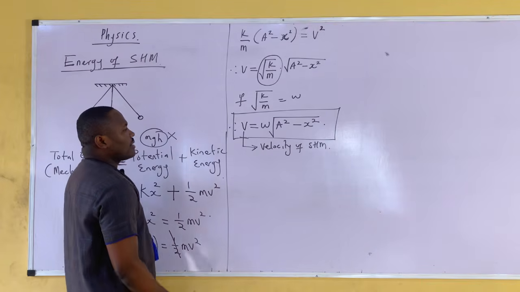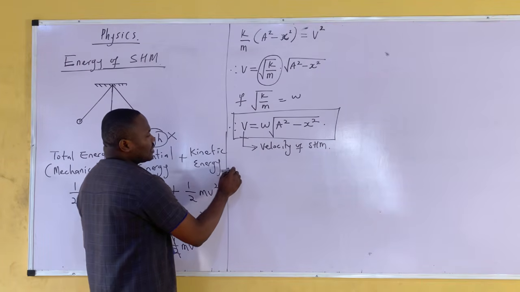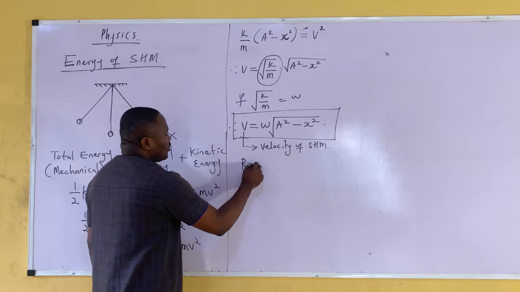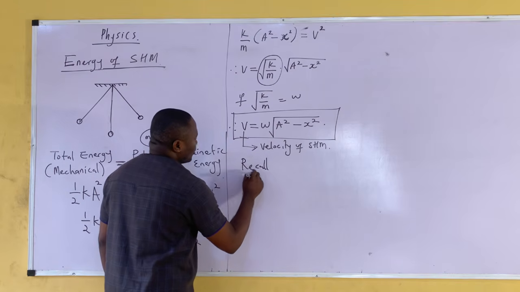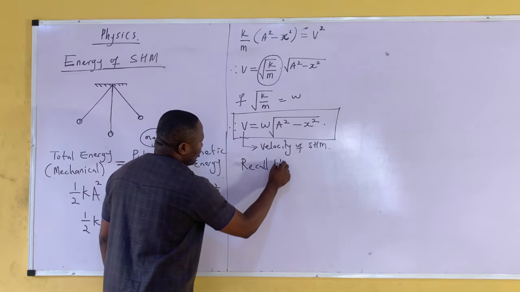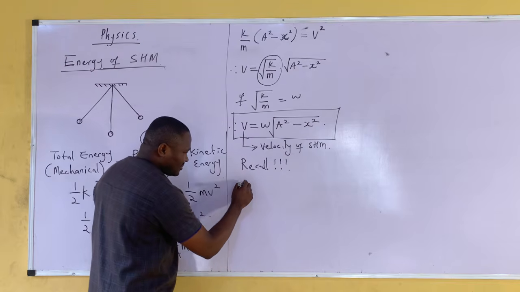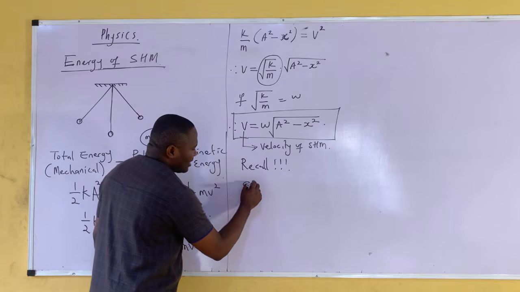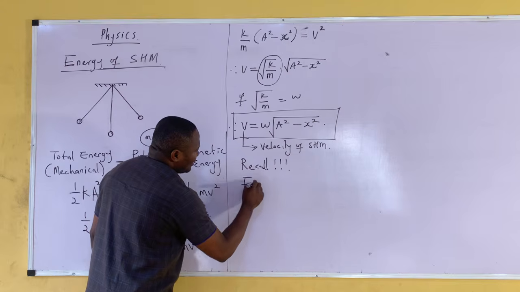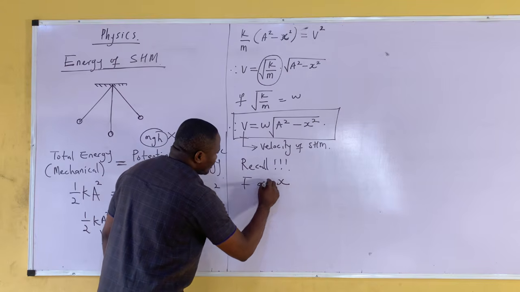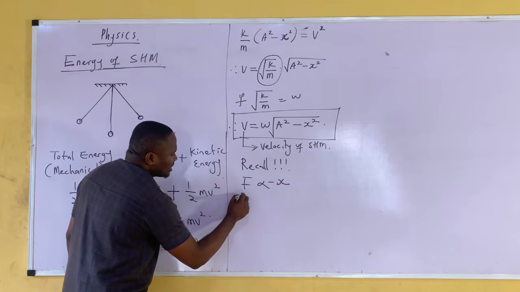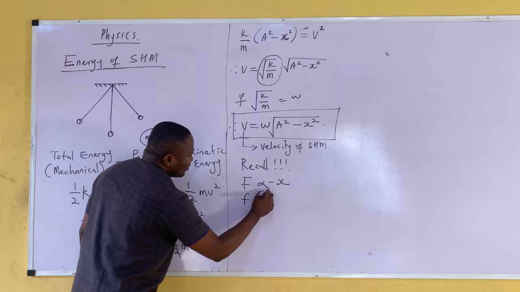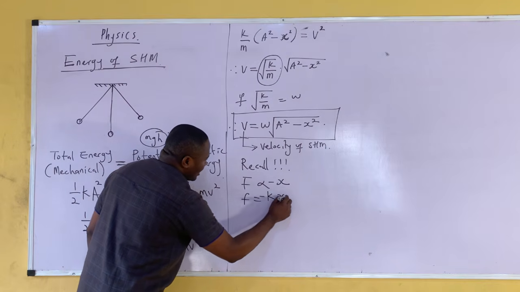Now, recall that F is proportional to minus x. Then we said F is equal to minus kx.